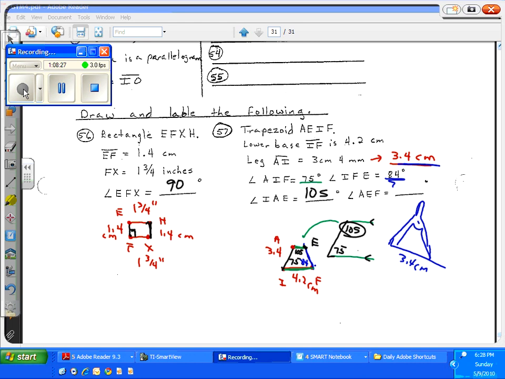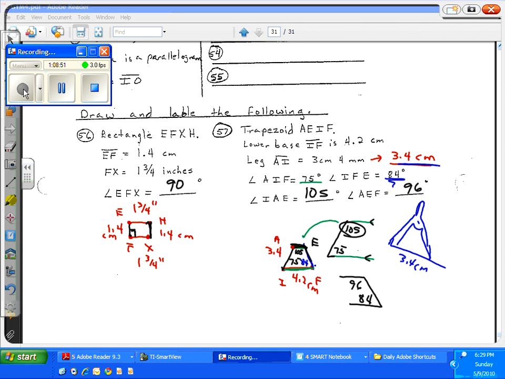Angle AEF, how would we get that? Angle AEF. Well, it makes a C this way with the 84. So 180 minus 84 would be 96 degrees for angle AEF.